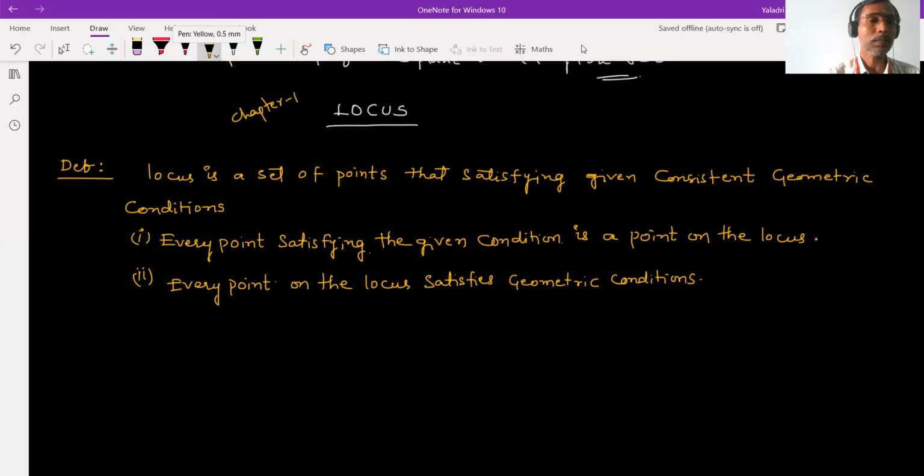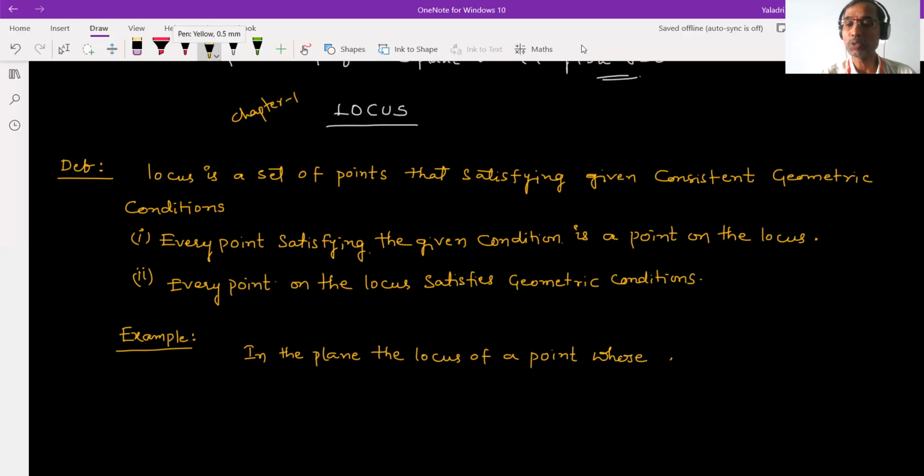Now, for example, take this. In the plane, the locus of a point whose distance, observe this one, from a given point A is a circle.